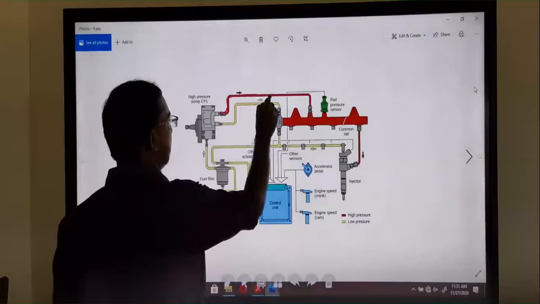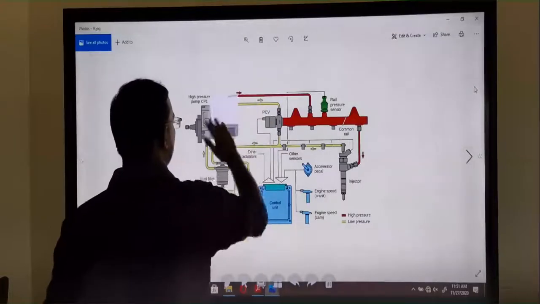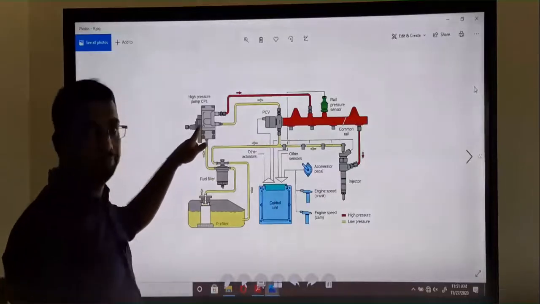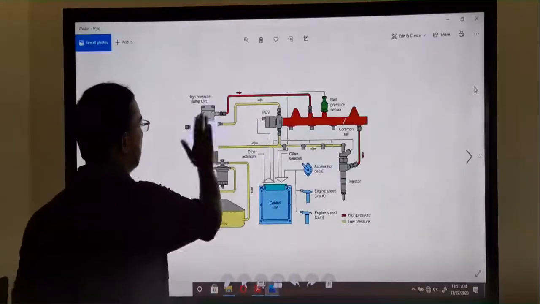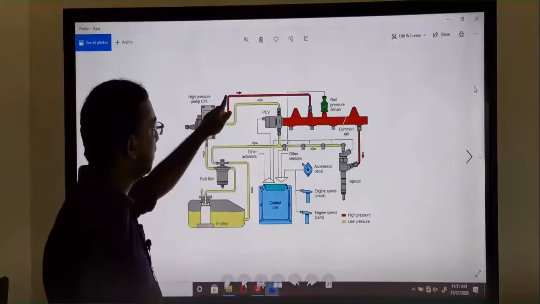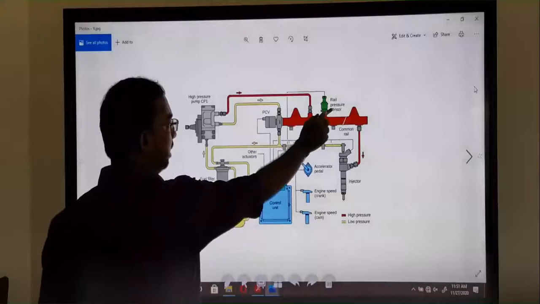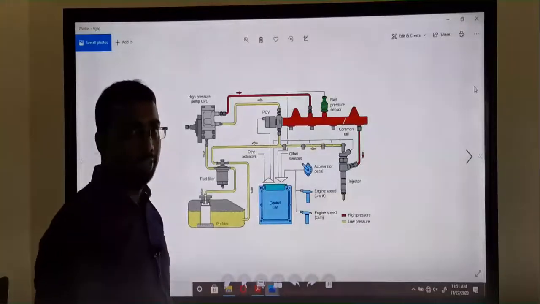This is the supply line. The red line is the high pressure line. So when the fuel comes to this high pressure pump, it supplies the fuel to this common rail. There is a rail pressure sensor that measures the common rail pressure.